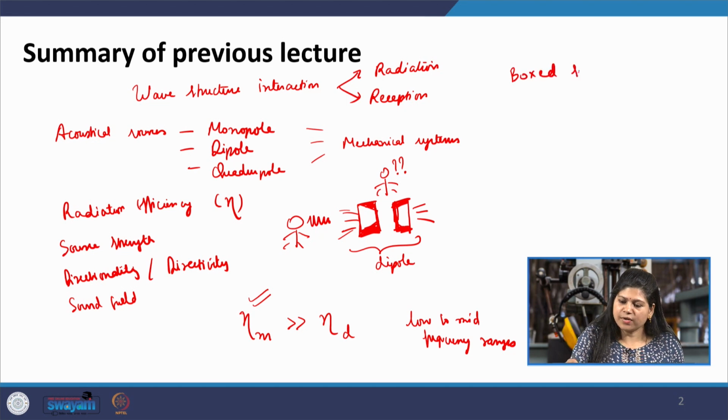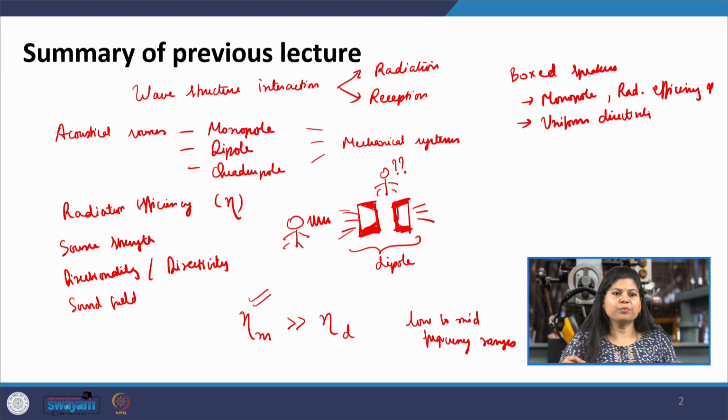So radiation efficiency is much higher, and they have uniform directivity, because that is what you want. You do not want to place a speaker in a room where some people hear the sound low and some hear it high. We want a uniform directivity and a uniform distribution of the sound pressure. So we facilitate that it behaves like a monopole instead of a dipole.